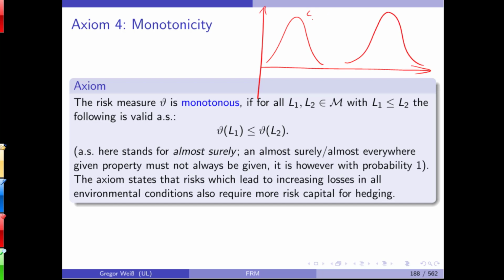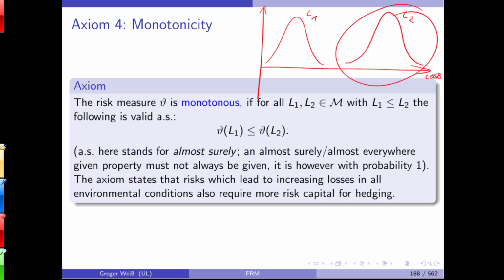This is L1 and this is L2. Which risk is worse? Obviously this one. Higher losses in any scenario. Then obviously we require the risk metric for L2 to show a higher needed risk capital than for L1.